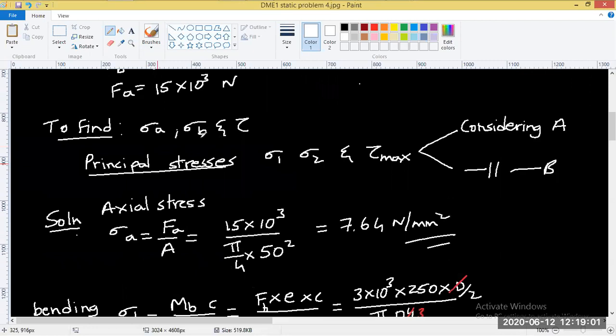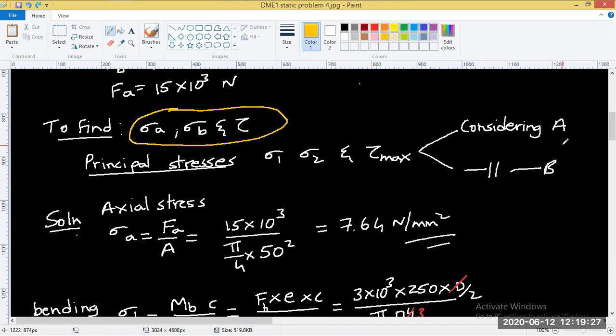The first foremost thing we did was finding these stresses: bending stress, axial stress, and shear stress. So these three stress values we have found. Now the second part is you need to find the principal stresses, that is sigma 1, sigma 2, tau max for both sections A and B.